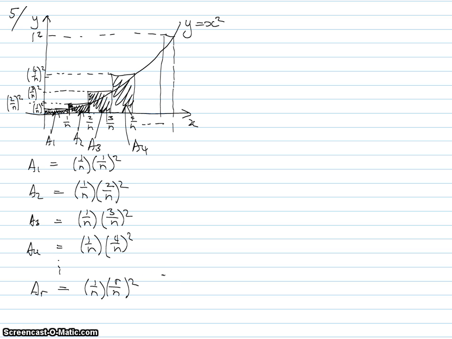Well, I want to know the sum of the areas of all of these rectangles, right? So I want to know what is my sum from r equals 1 to n of A_r, which is of course equal to the sum from r equals 1 to n of 1 over n times r over n squared.